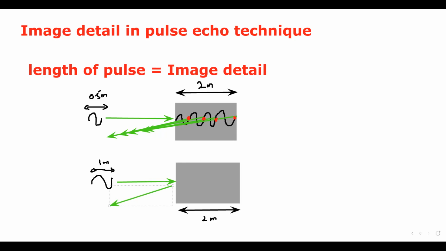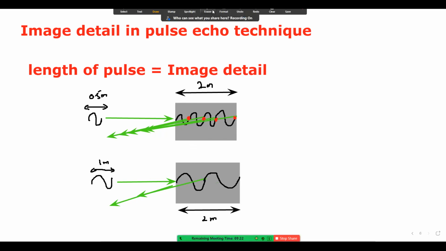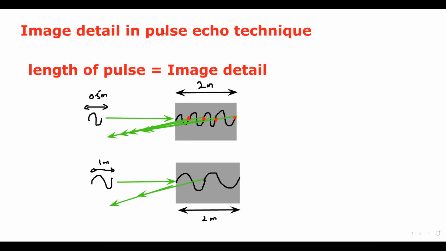But when it enters inside, after completing one pulse length, part of the pulse will bounce back. Then after completing another 1 meter, part of the pulse will bounce back.